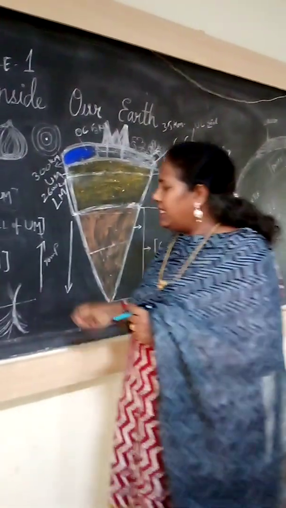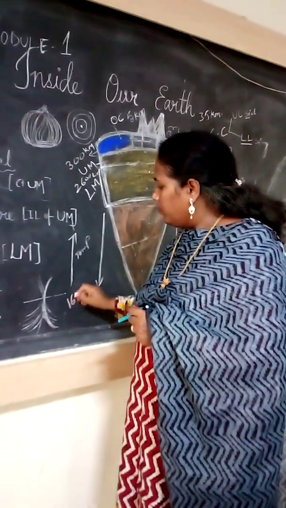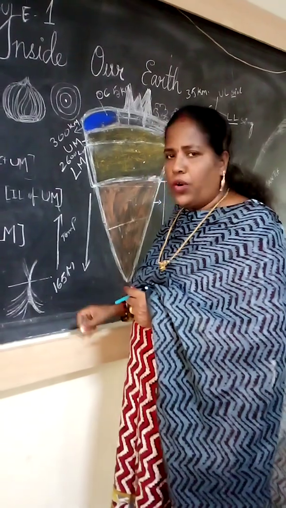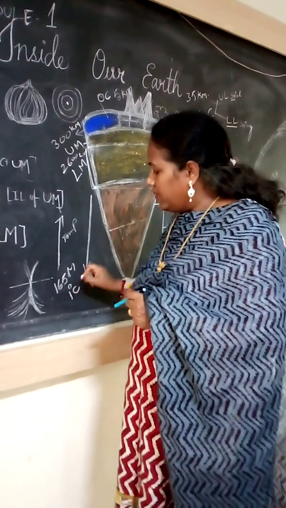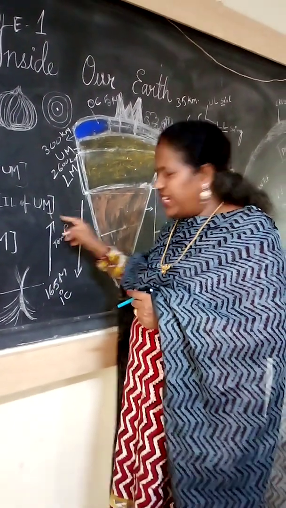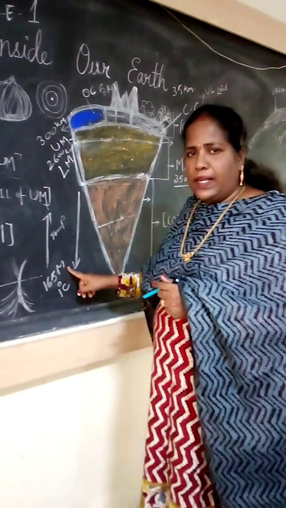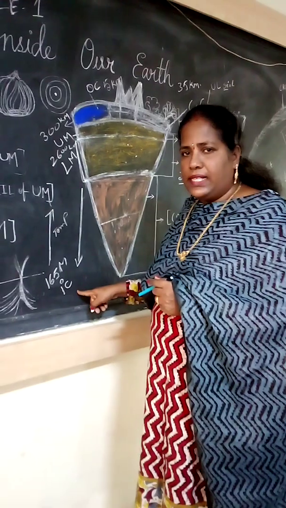For every 165 meters you go upward, the temperature decreases by 1 degree Celsius. When we go inside, for every 165 meters, the temperature increases by 1 degree Celsius.